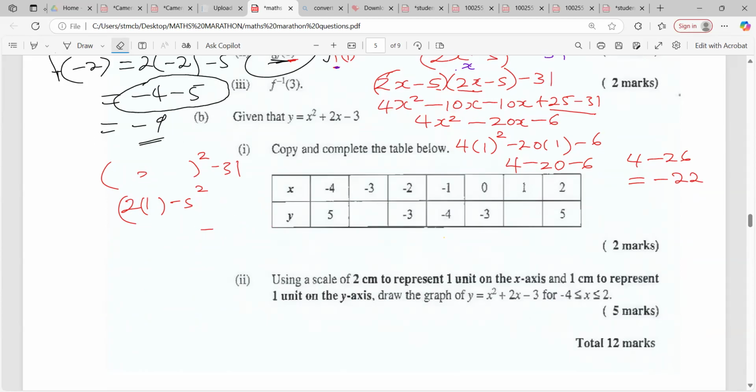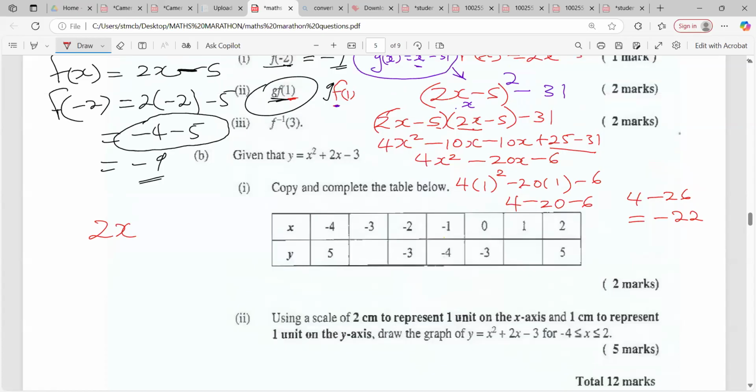Alright, so we're going to plug in the 1 from up here, because most students did it like that. So what you have is this: 2x minus 5, squared, minus 31, right?